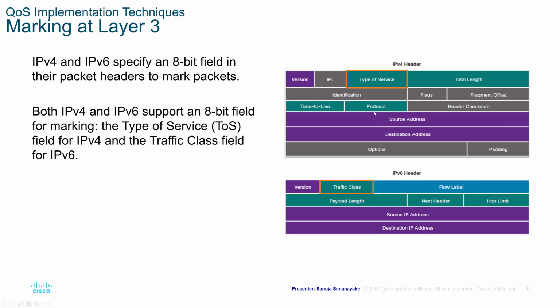You should know where this field is in each of those two different headers. Remember, in IPv4 it's right before the total length and it's called type of service. In IPv6, it's in between the version and the flow label, and it is called traffic class.